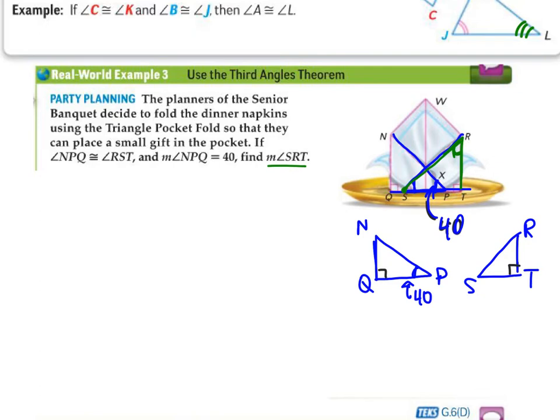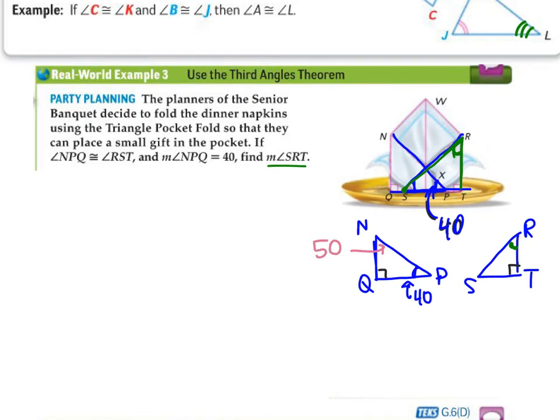We know that NPQ is 40 degrees. We want to find SRT, or this green angle right here. So what do I know about this first triangle? This is a right triangle, so this is 90 degrees. Angle P is 40 degrees, which means N, according to our third angles theorem from yesterday, they have to equal a total of 180. Angle N is going to be 50 degrees.